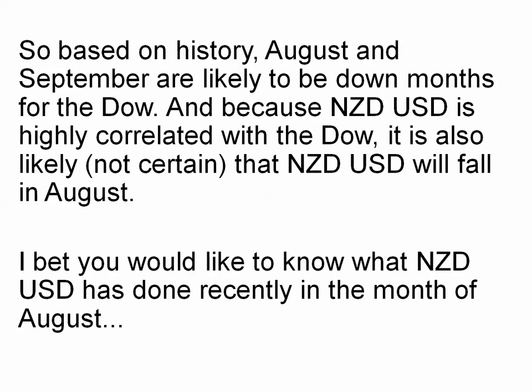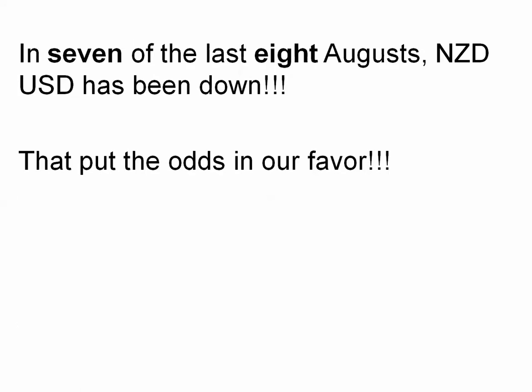Okay, so based on history, August and September are likely to be down months for the Dow, and because NZD USD is highly correlated with the Dow, it's also likely, and just to emphasize this, it is not certain by any means. Nothing in the markets is certain, but it is likely that NZD USD will fall in August. And I bet you would like to know what NZD USD has done recently in the month of August.